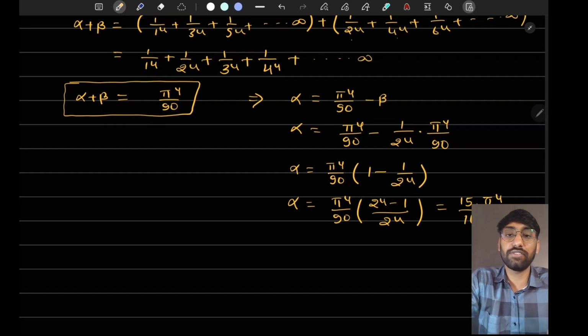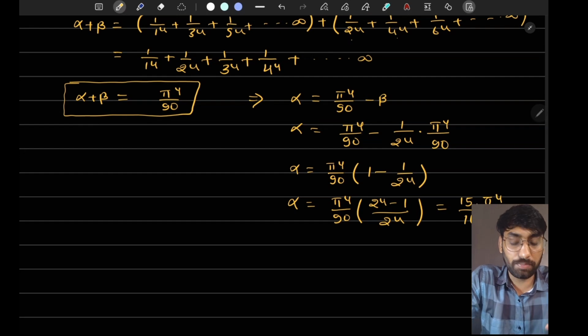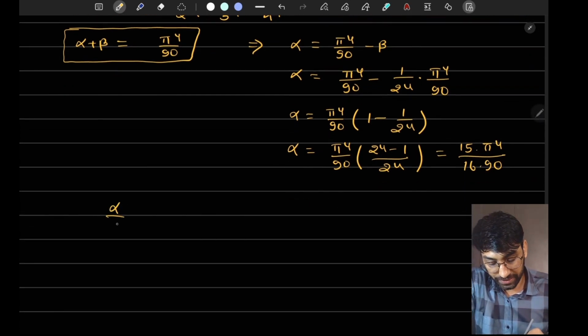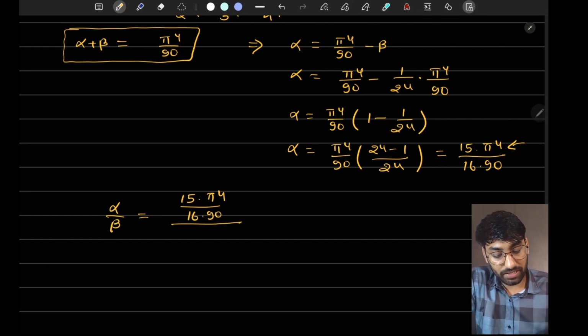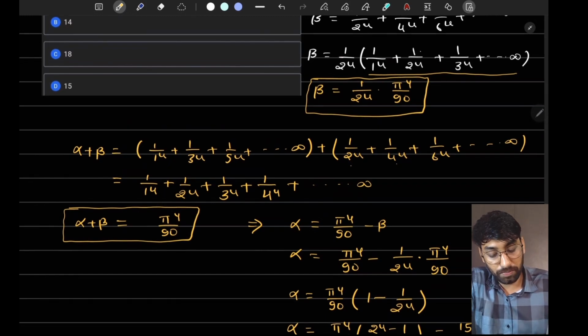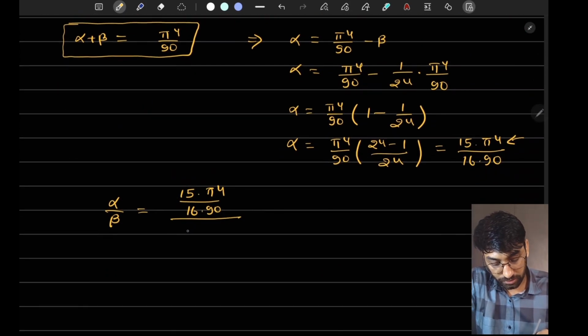Okay. Now I am having the value of alpha and I am having the value of beta also. So what I need to find? I need to find the value of alpha by beta. Alpha value is nothing but 15 into pi power 4 by 16 into 90 divided by beta value, which I am having as 1 by 2 power 4 into pi power 4 by 90.